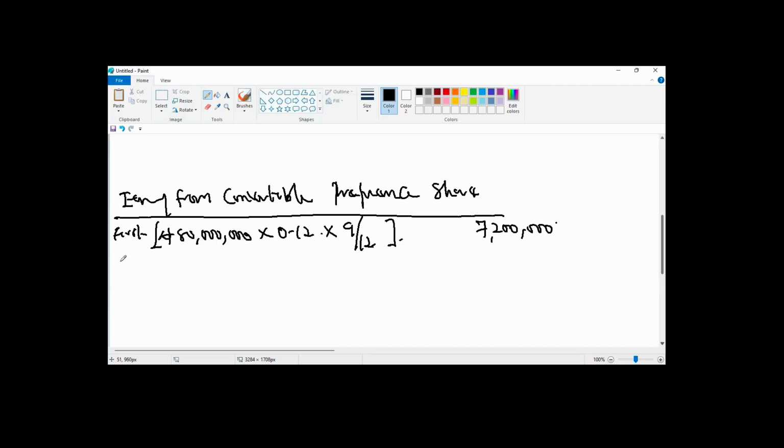It remains 40 million times 0.12. You don't apportion this one because we don't know when they are going to convert. Don't go and say times 3/12. We don't apportion this one. How much is the earnings from it? 4.8 million.